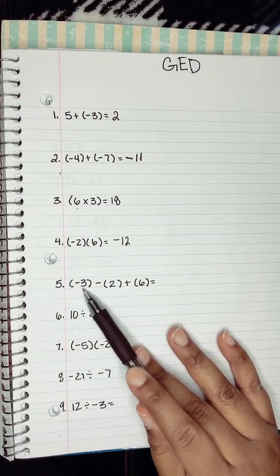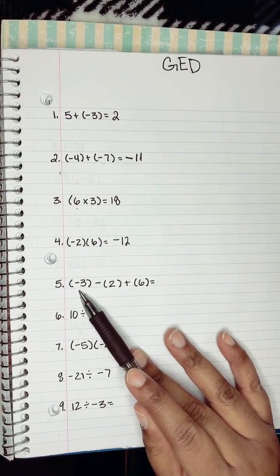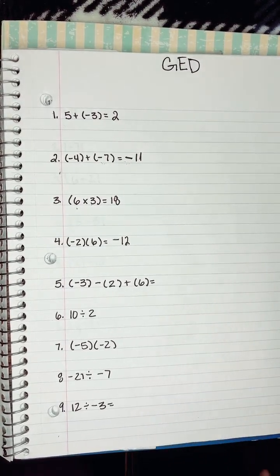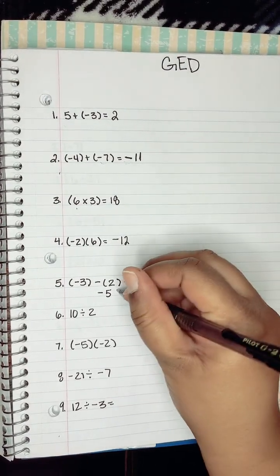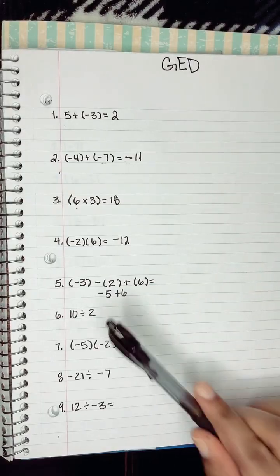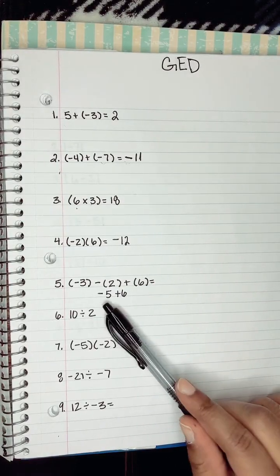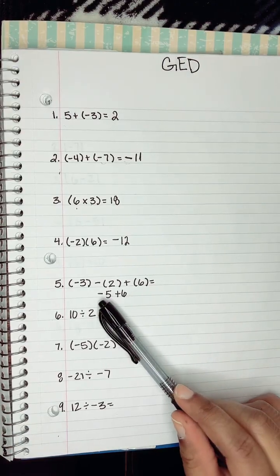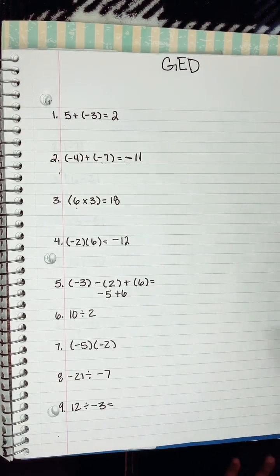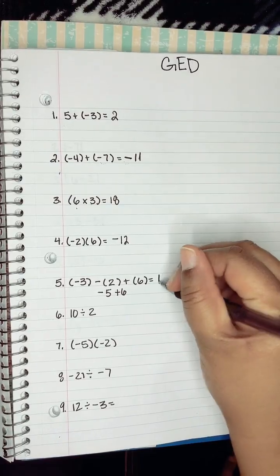Somebody owes you $3. And then they say, oh, can I get 2 more? Well, they're going to owe me a total of $5, right? But then I have plus 6. So -5 plus 6 is the same thing as saying 6 minus 5. 6 minus 5 is a positive 1.